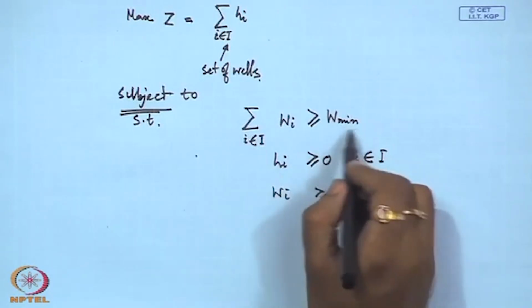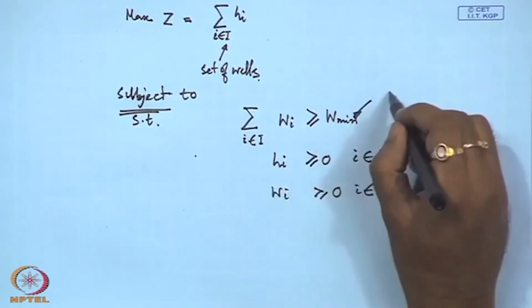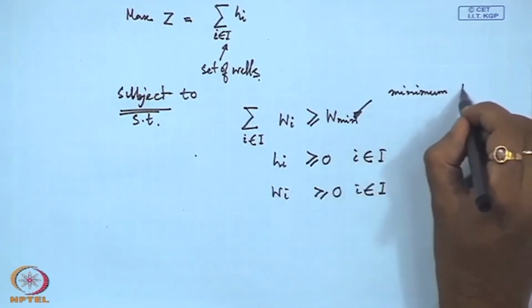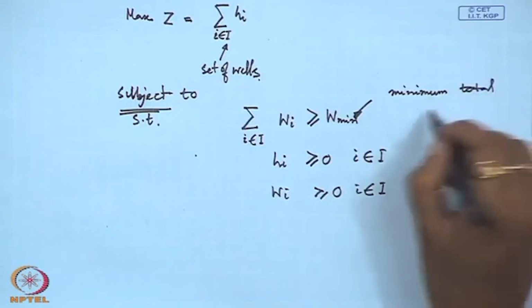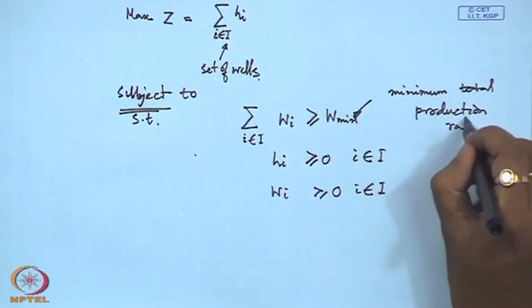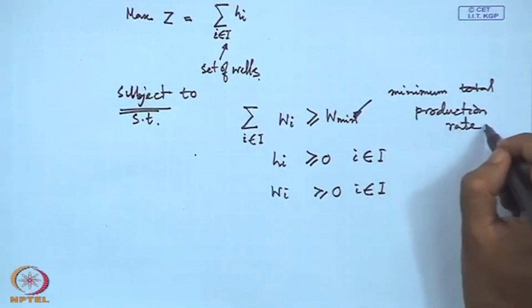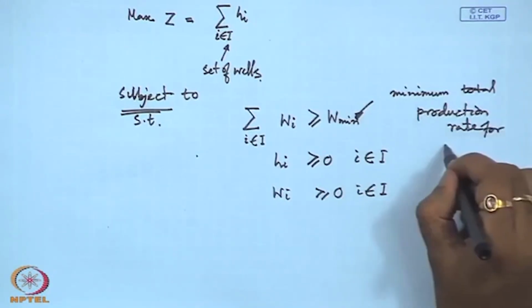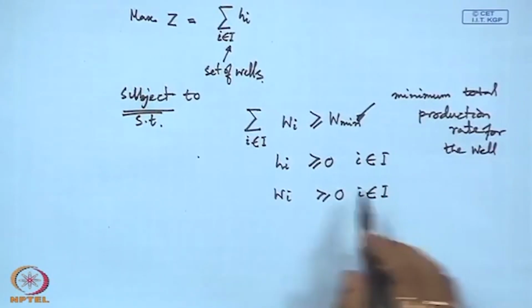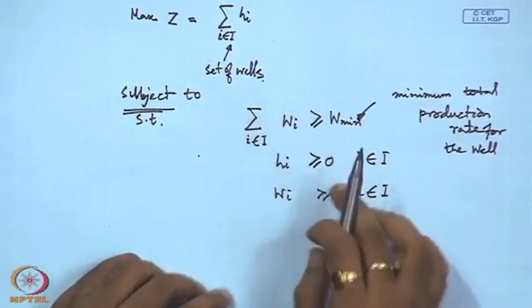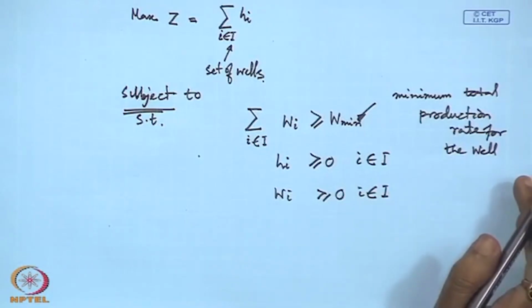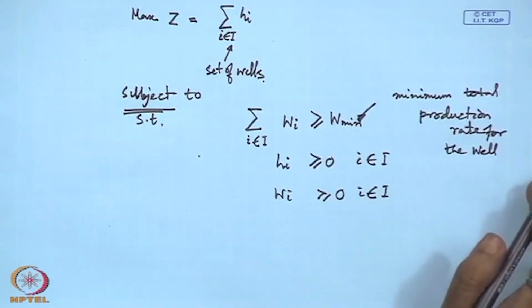The W min is the minimum total production rate for the well. So, the total rate should be greater than or equal to the minimum rate that is specified.